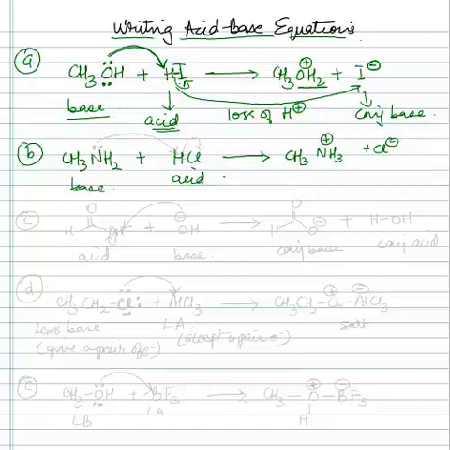If this is the base, you identify where the electrons are, and you start your arrow from where the electrons are. The base picks up the proton, and then here again you have the electrons going to chlorine. Those are the two arrows that you will need in this case.